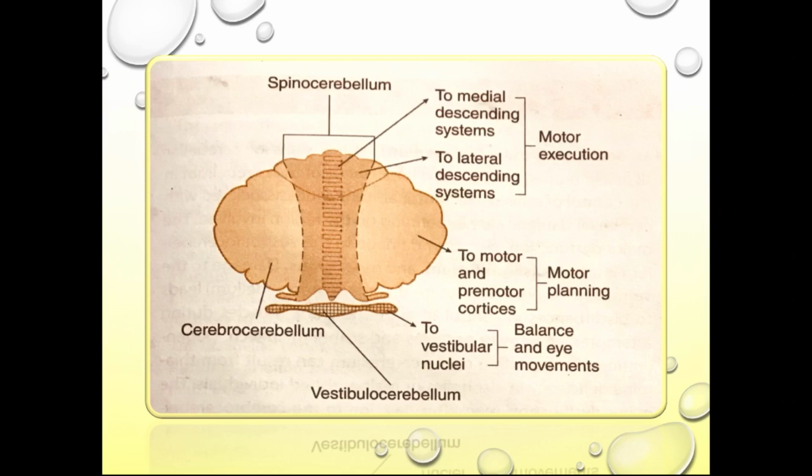This one is the spinocerebellar part. This one is the vestibulocerebellar part, connected to the vestibular nuclei, for balance and eye movement. The rest of the lateral hemisphere is the cerebrocerebellum, for motor and premotor planning: motor execution via spino, motor planning via cerebro, and balance and eye movement via vestibulocerebellum.